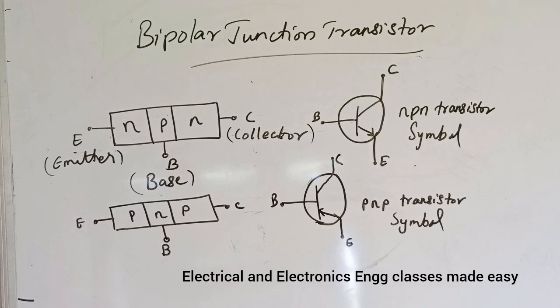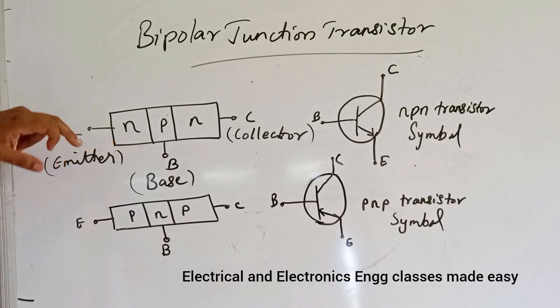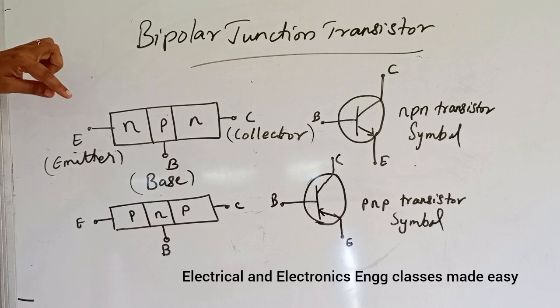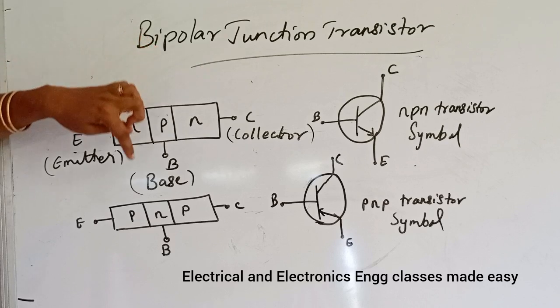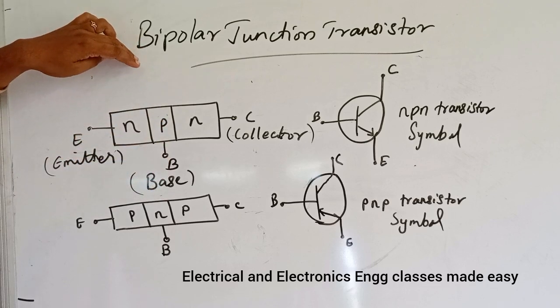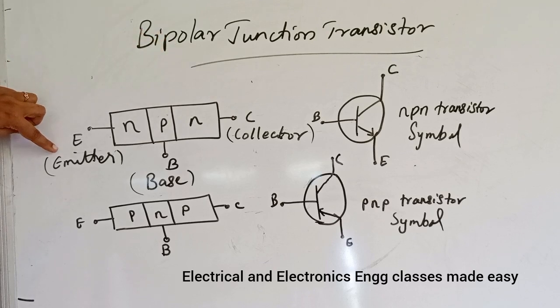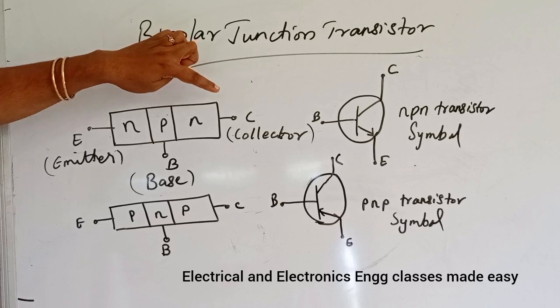Next is bipolar junction transistor. The bipolar junction transistor is constructed with three doped semiconductor regions separated by two p-n junctions. So these are two p-n junctions and the three regions are called emitter, base and collector.